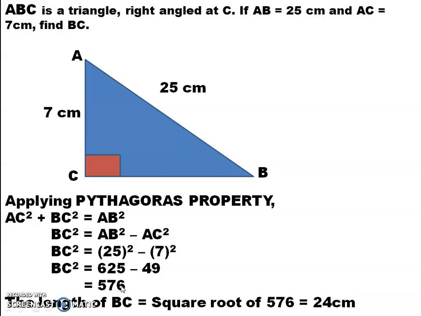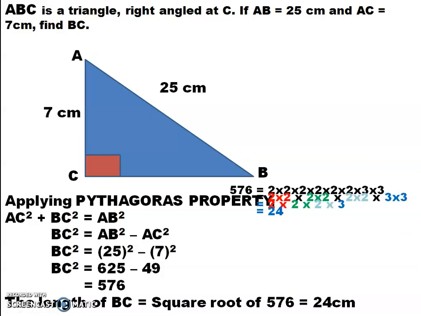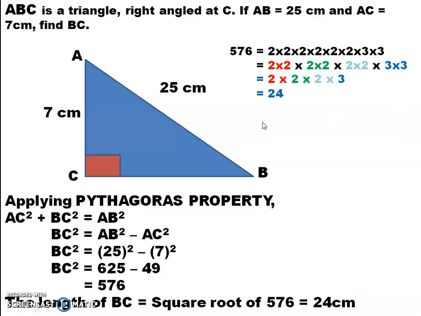576. How will you find the square root of 576? It's the method which we discussed previously. Here it is. Prime factorization of 576: 2 into 2 into 2 into 2 into 2 into 2 into 3 into 3. Now I have grouped it in different colors into pairs of 2.